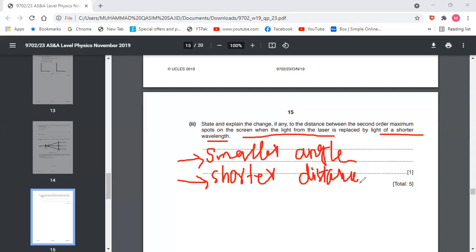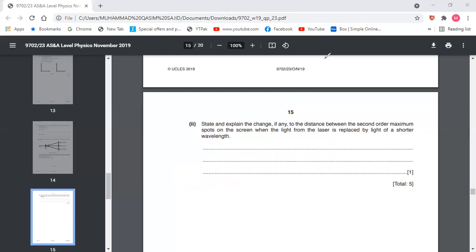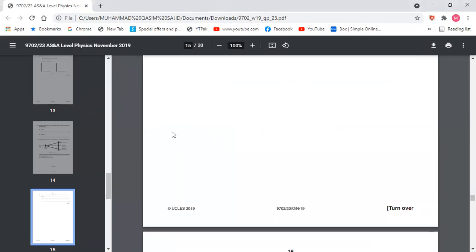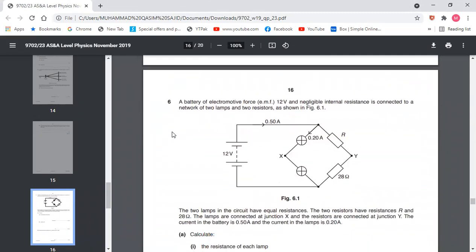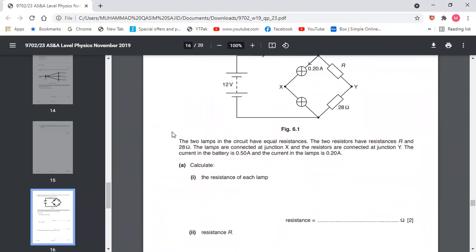Okay. So this is the end of question number 5. Now for question number 6. The battery of EMF 12 volt is to be used, and there are two resistances.